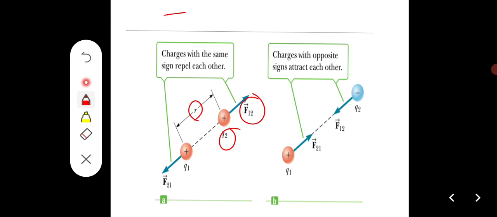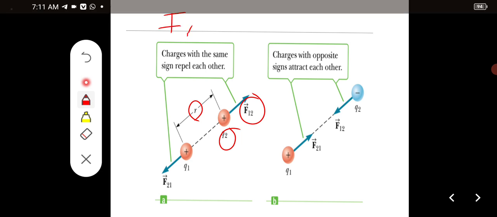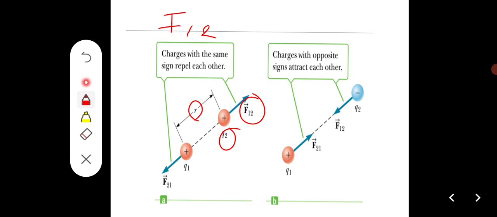Then if you have this force 1 and 2, it means this force, which is pointing in this direction, is the force charge 1 is exerting on what? Charge 2. That's why they put 1, 2. Then the opposite, 2 1, means the force charge 2 exerts on what?